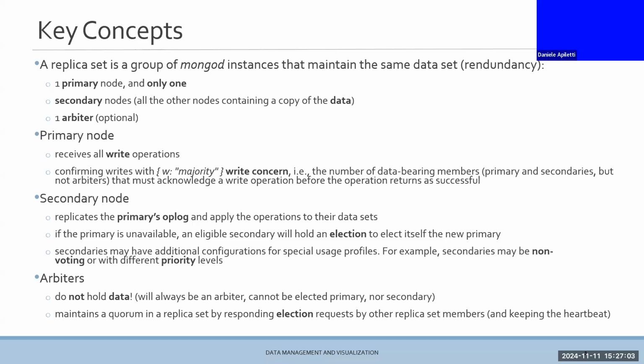The primary node is like the master and receives all the write operations. Each write operation can have a write concern. A write concern is what we called before synchronous or asynchronous replication. The write concern tells the primary MongoDB how many slaves, how many secondaries to wait for: the quorum, only one, at least one, none, all of them.